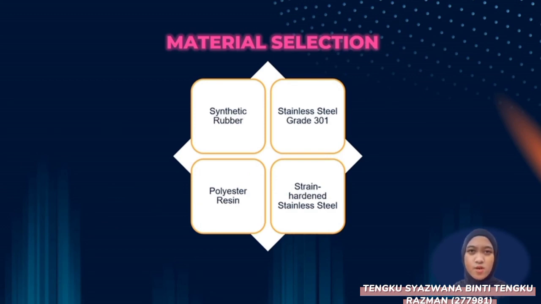Next, we are moving to material selection. Rubber or synthetic compounds are usually applied to the part of the wiper blade that is in contact with the windshield. This is because rubber products are more sensitive to outside elements. Stainless steel is an ideal material as it is resistant to rust and corrosion. Besides, stainless steel grade 301 is also cheaper to produce. Polyester resin is selected as the material to make the coating part of the car because polyester resin has high resistance to UV radiation.